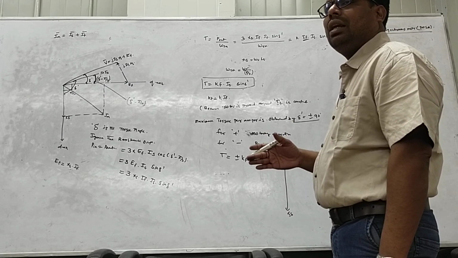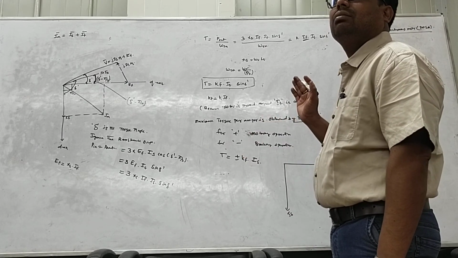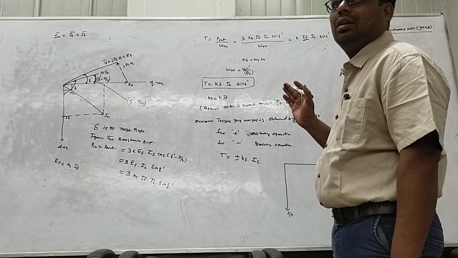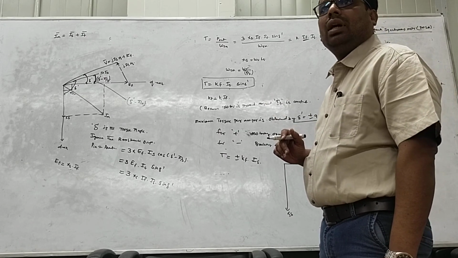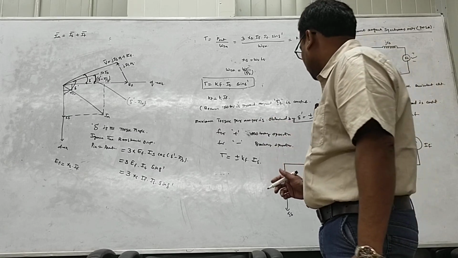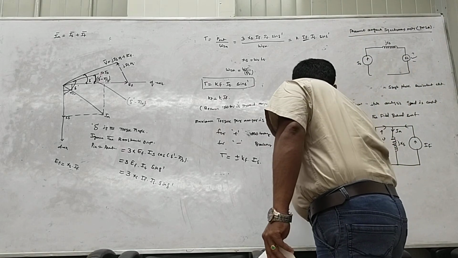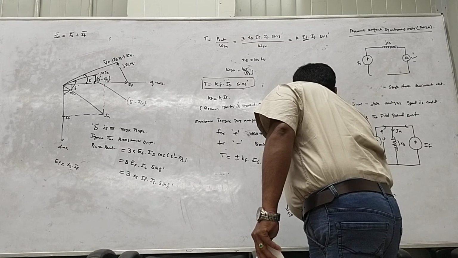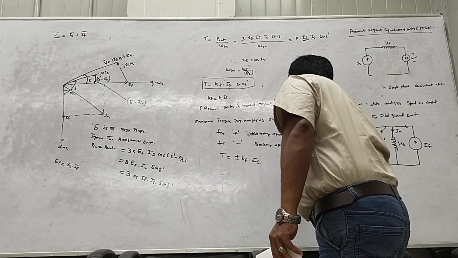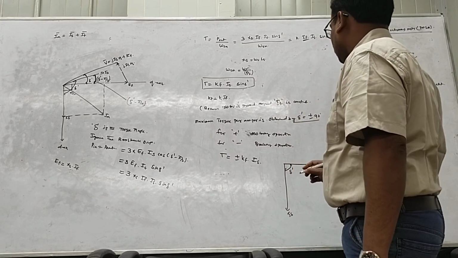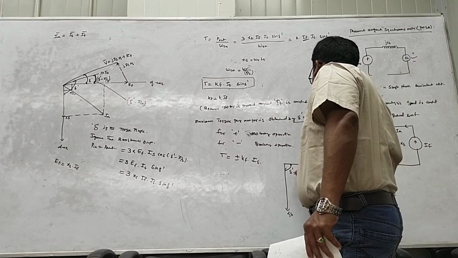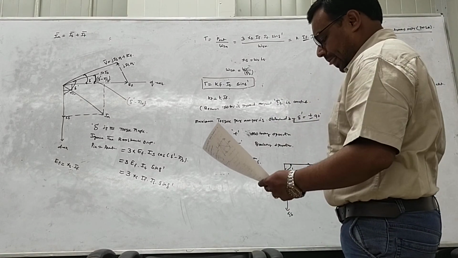If the field current and stator current are maintained at 90 degrees plus or minus, then you will get the maximum torque per ampere. In that particular case, this delta dash is now pi by 2.